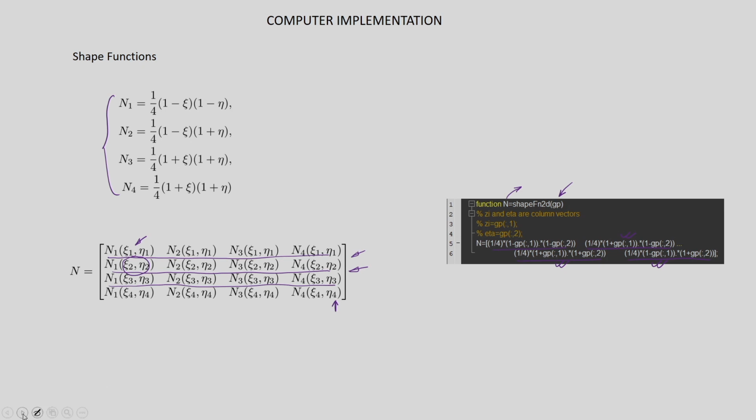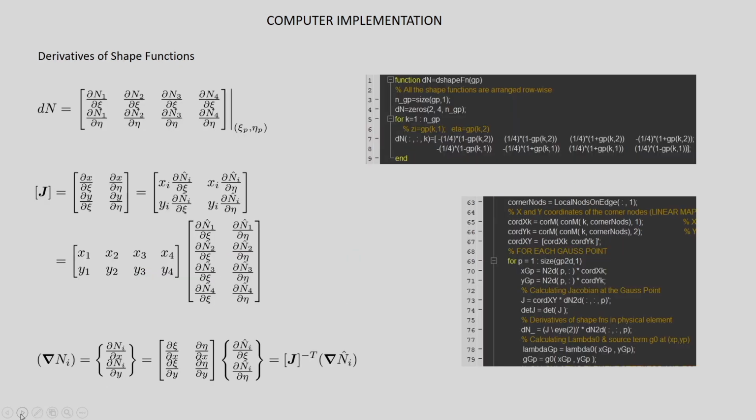Now, let us look at how we can calculate the derivatives of the shape functions. Remember, we have defined the shape functions in the master element, in terms of xi and eta. So, these ni's are basically ni hats, which are in terms of xi and eta.